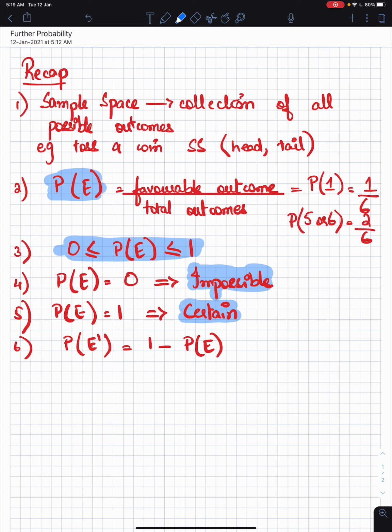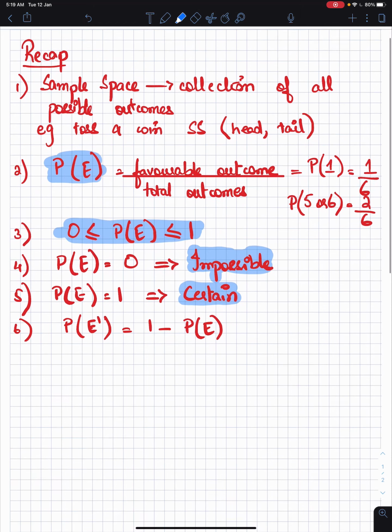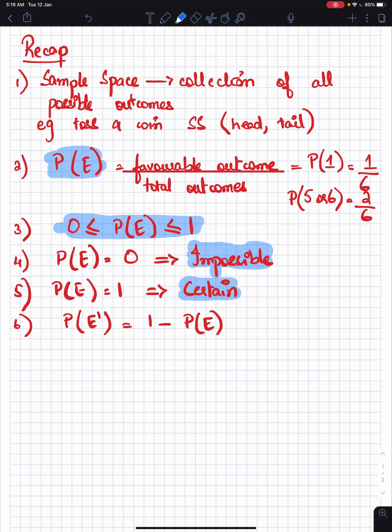Okay, and lastly, probability of E dash, that means probability of not that event happening. That is 1 minus the probability of the event happening. इसका क्या मतलब है?